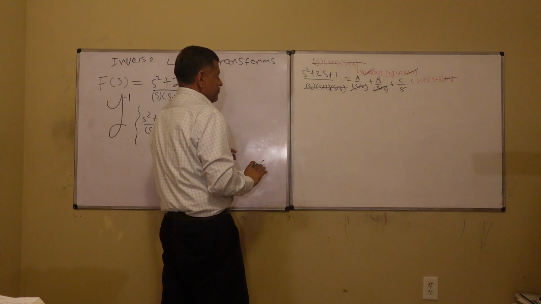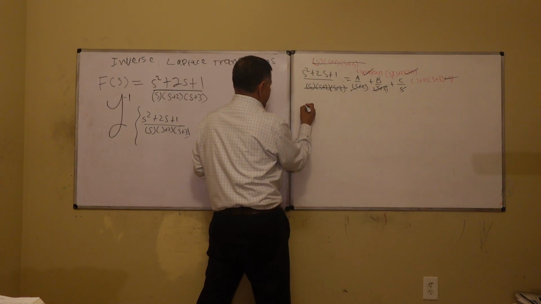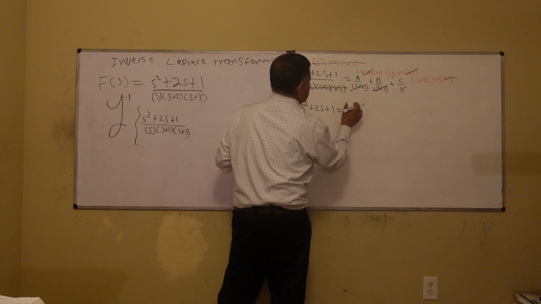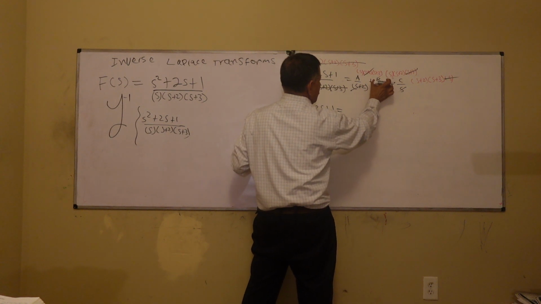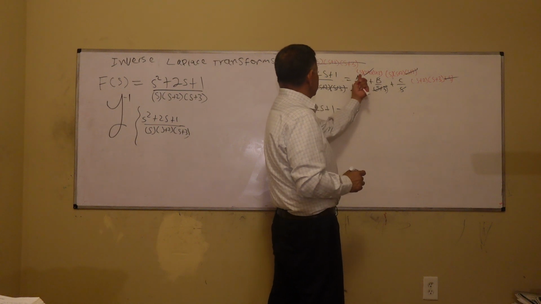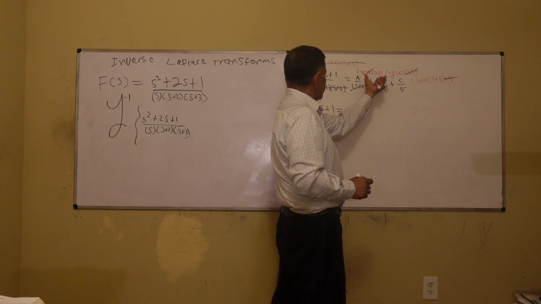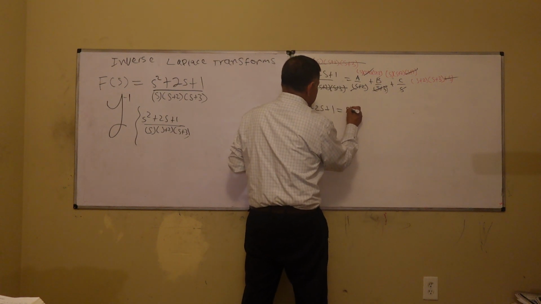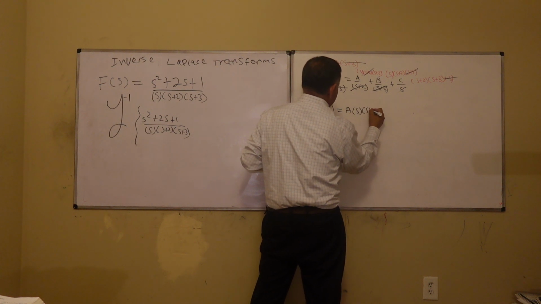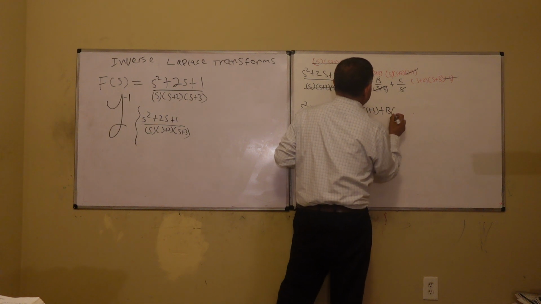Now, next step is to write this in a clean manner, right? So we have s squared plus 2s plus 1 equals whatever is on the top, right? Equal that one times this one. So A is being multiplied by s times s plus 3, plus B, right?